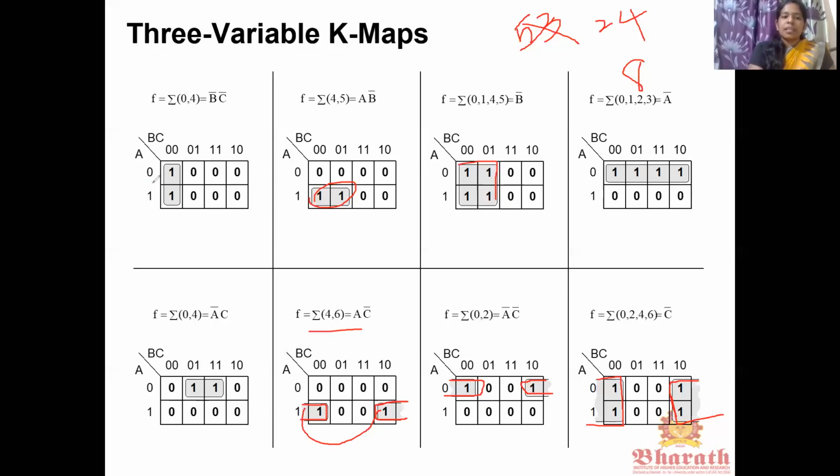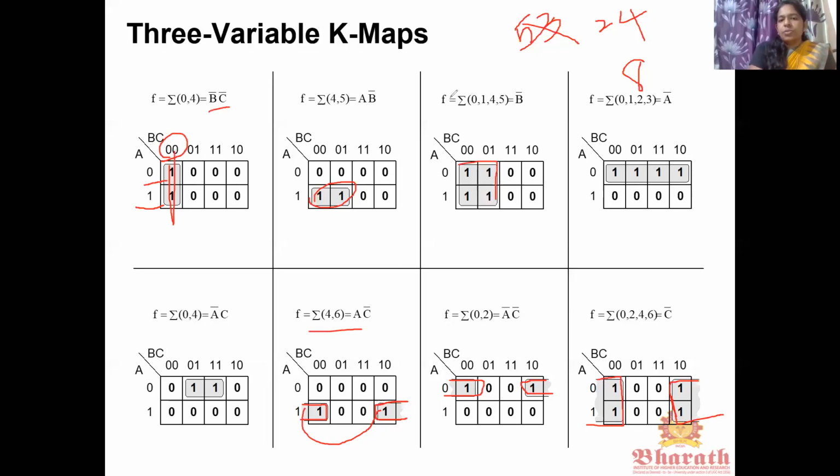So here 2 rows, 0 and 1. 0 means A complement, 1 means A. These two are not the same because 0, 1. It's not the same. Just leave it. If it is the same only, we have to take more than one row or more than one column. See here, we are having only one column. 0, 0. One column means just write as it is. 0, 0 means B complement, C complement.